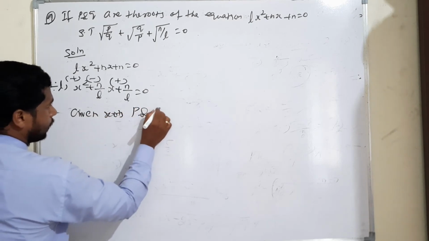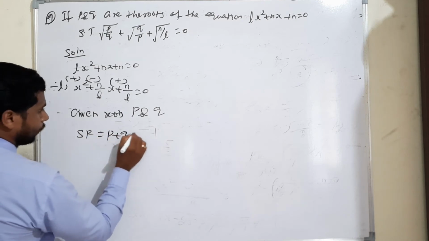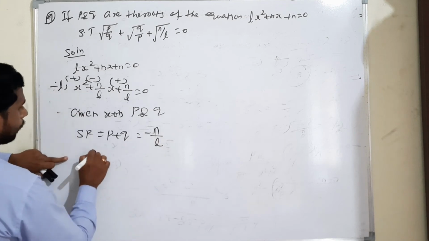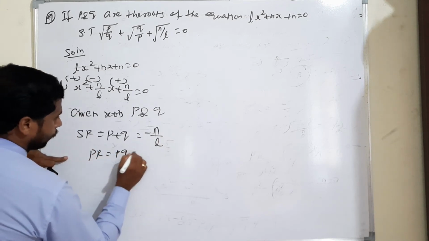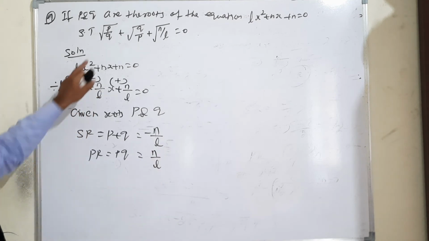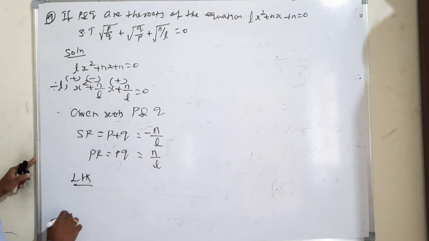Given roots p and q, therefore the sum of the roots is p plus q. So p plus q is equal to minus n by L. Then the product of the roots is pq. So pq is equal to positive n by L. To show that condition, I am going to consider the LHS. What is the LHS?